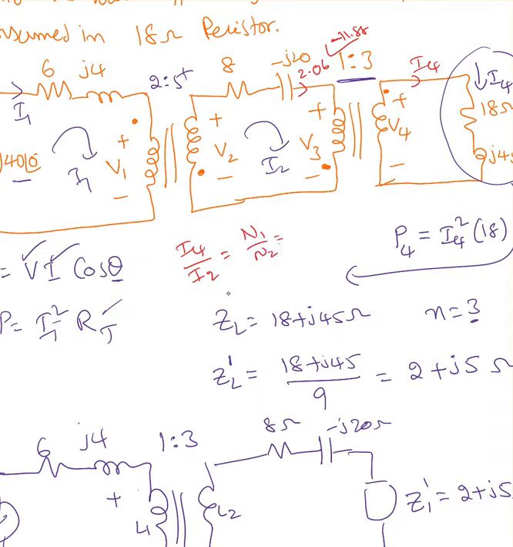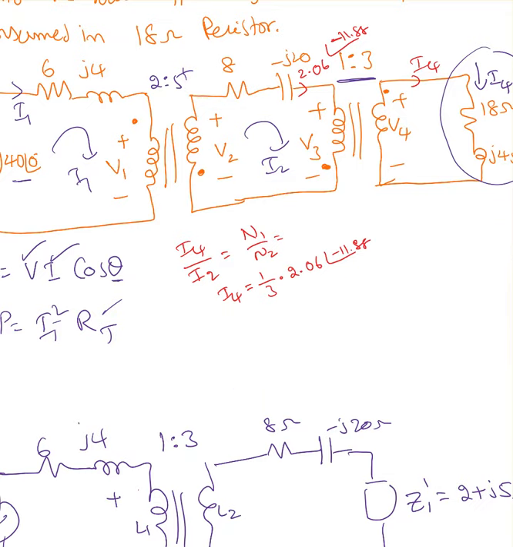So my I4 must be 1 over 3 times, this is also a step-up transformer, so current is going to step down, 1 over 3 times 2.06 at an angle of minus 11.88. So this I4 value is 0.686 at an angle of minus 11.88.